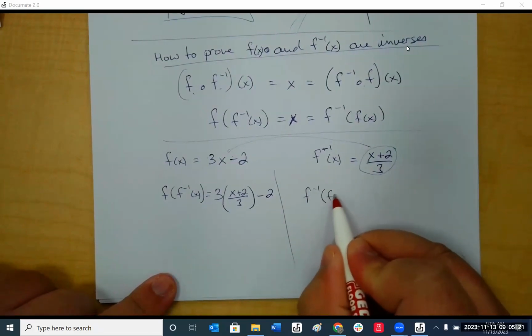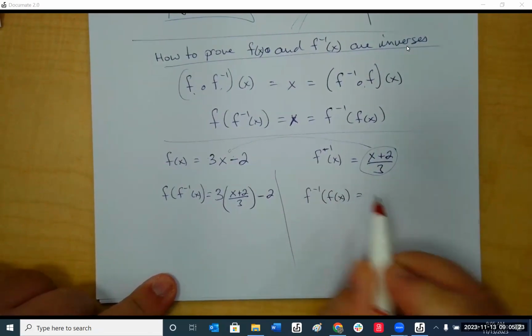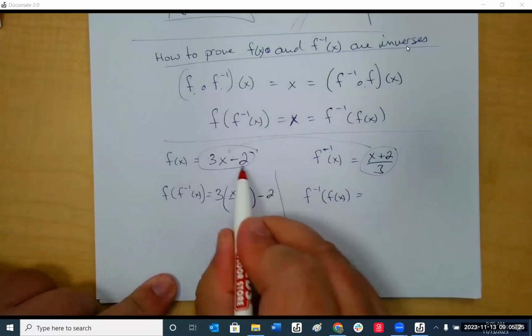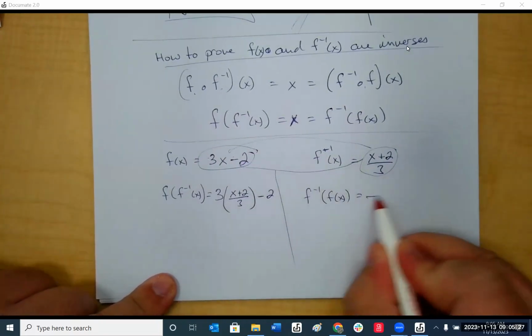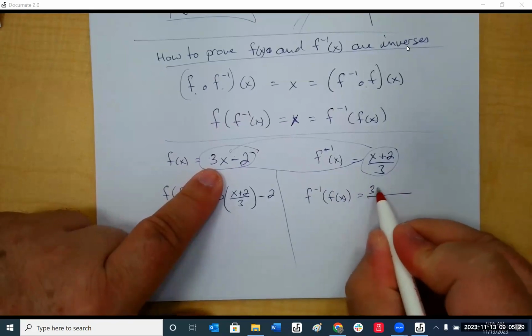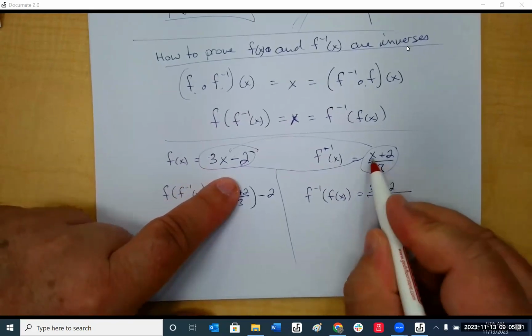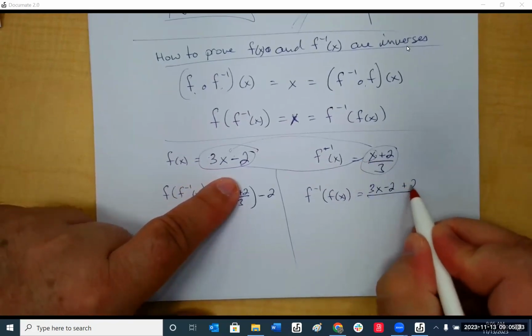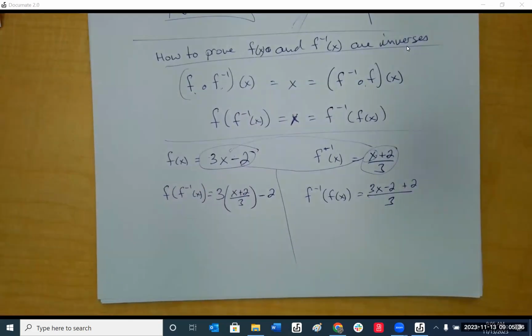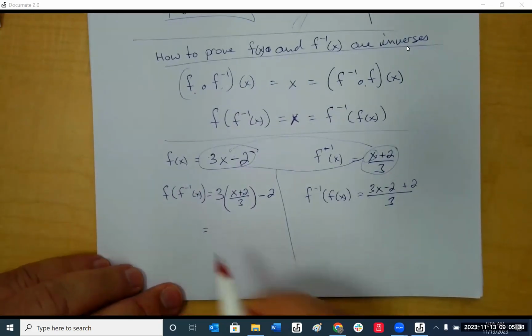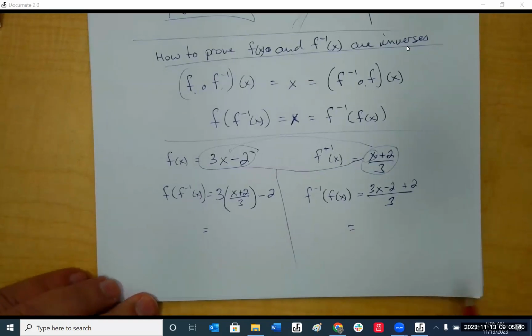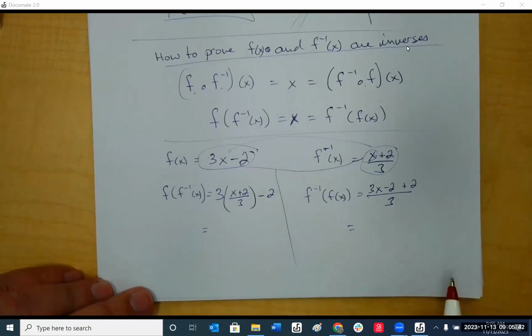And I do the same thing with this one. I take this equation, and anywhere I see an x in there, I put that. So it's 3x minus 2 plus 2 over 3. Work them both out. See if they both equal x.